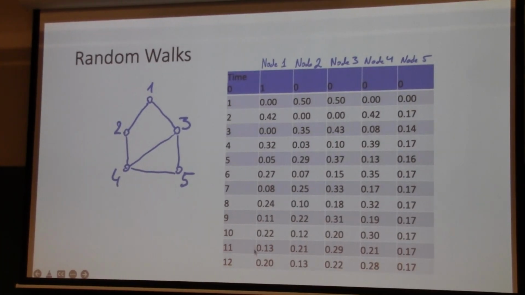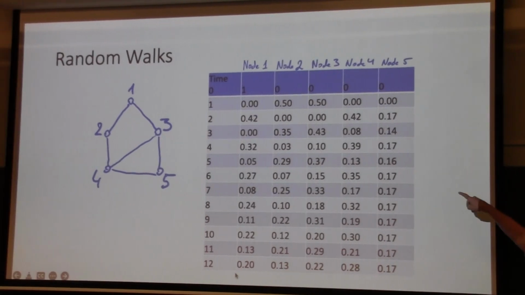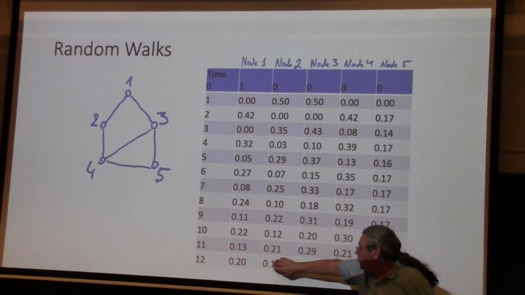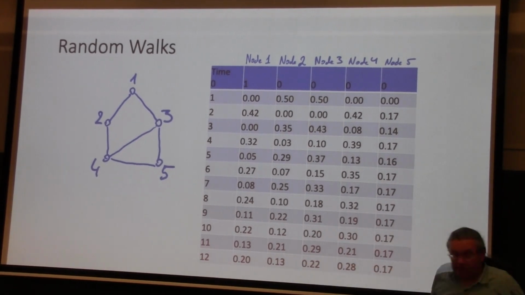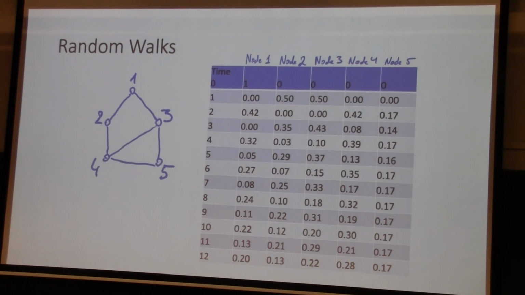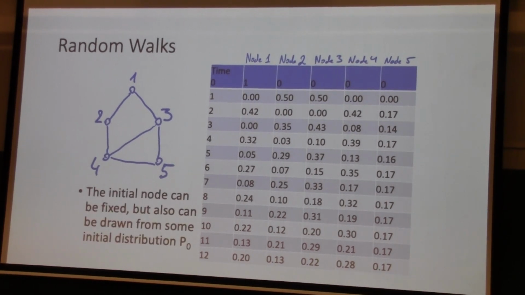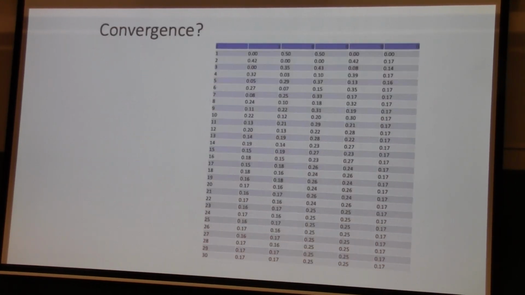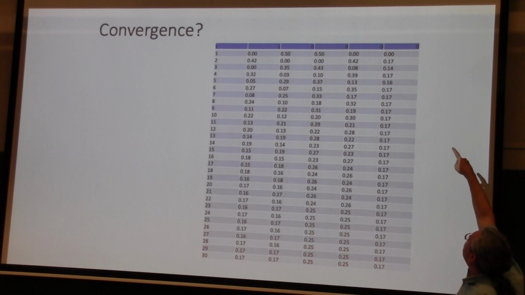And I keep going, and I can keep going. 4, 5, 6. And you see, eventually, they're kind of converging to some value, okay? And it will converge. I started with node 1, but of course you can start with more nodes. So here's a longer table. You start from 0 at the top, and you keep going.